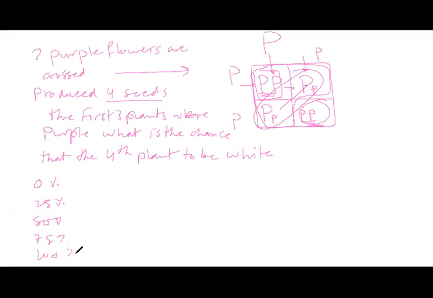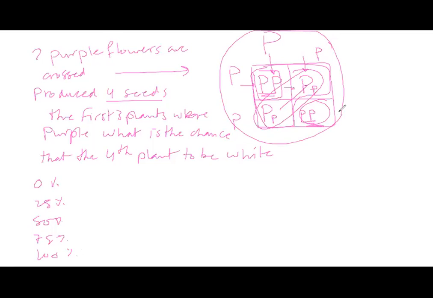Uta just says 50. Do you agree with him? Guys, if it was 2 purple homozygous, it would be purple, and if it was 2 purple heterozygous, we would use this Punnett square to answer the question. I have 2 purple parents that are heterozygous, so they produce 4 seeds.